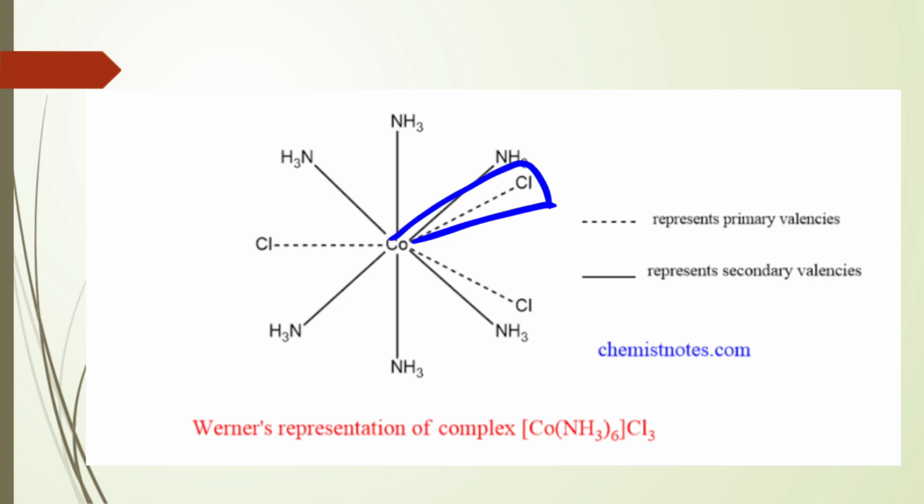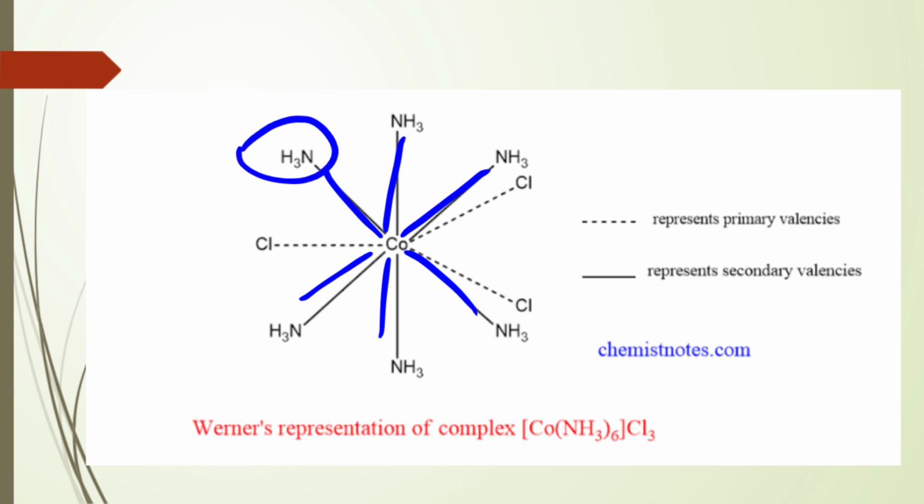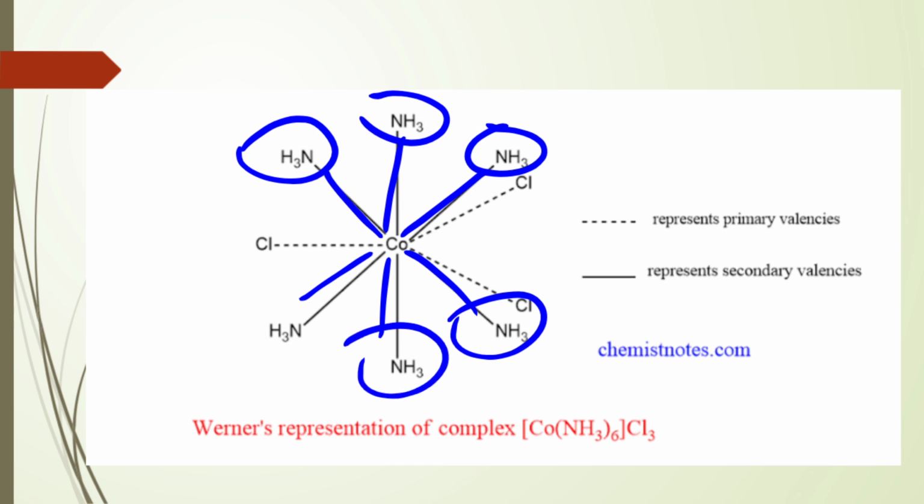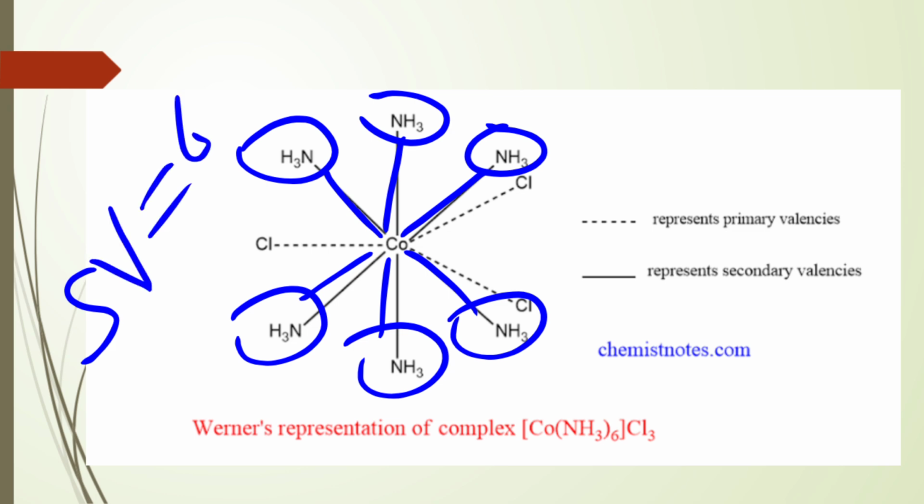Do you see? Then for secondary valency, ammonia is the secondary. You can see we have 6 lines. That's why we say it represents coordination number. So we have 6 molecules of ammonia, which donate 6 lone pairs of electrons to the cobalt, which makes the secondary valency equal to 6.